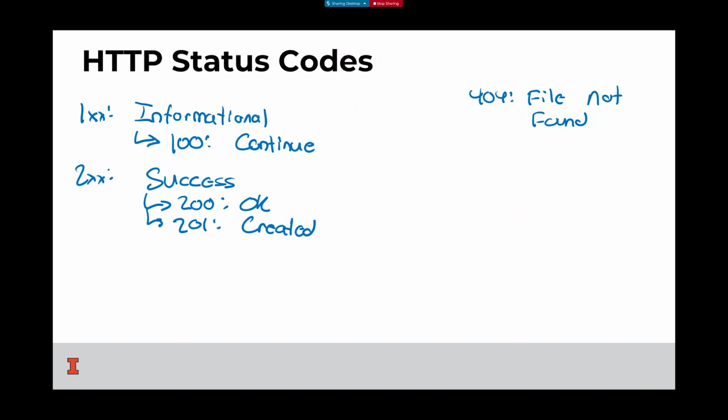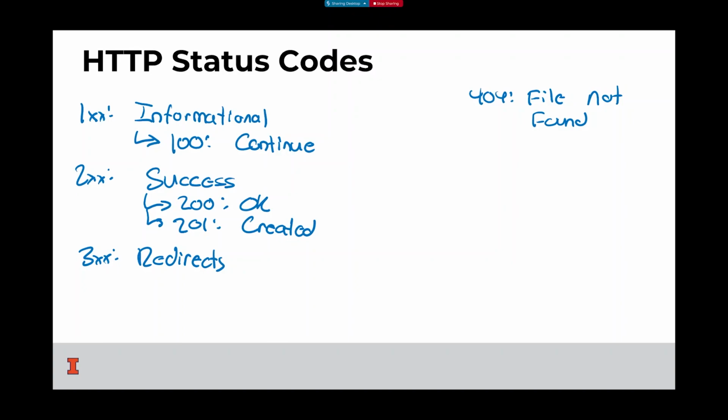As you build web services, you may respond with a 201 code saying, you sent me a request to create something, I created it. 300 response codes, those are redirects. So redirects may say this page is moved, this page is now somewhere else.